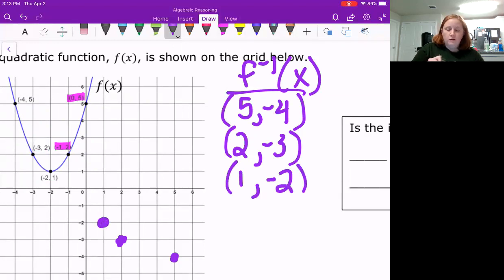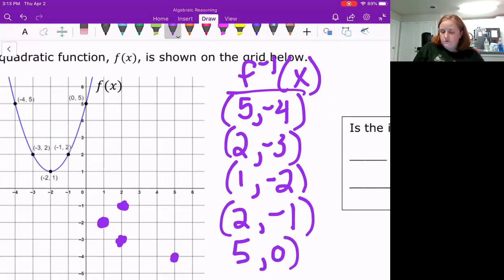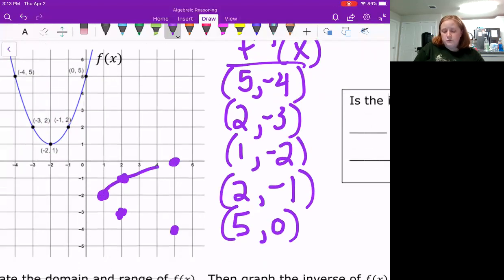Put that dot on there, and then -1, 2, reverse for 2, -1. So now it's starting to turn again, and our last one, 0, 5, switched over to 5, 0. So there is our inverse of our quadratic function.